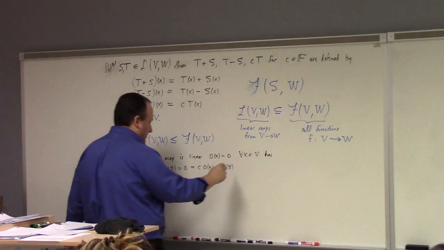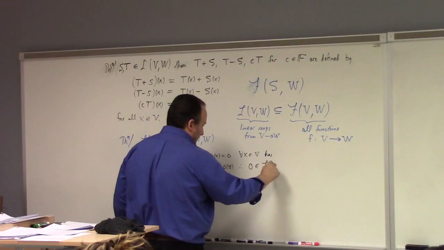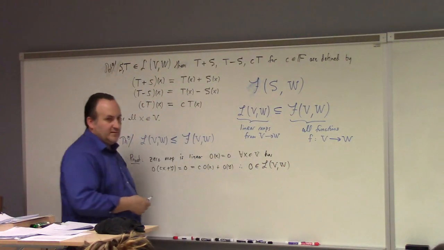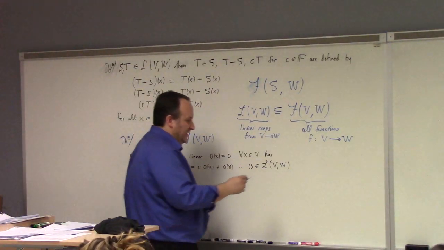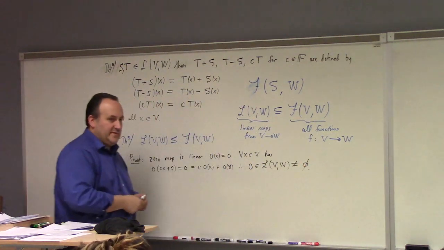So therefore the mapping which just sends everything to 0 is a linear transformation. And so that means that the set of linear maps from V to W is non-empty. That's the first step in my subspace test.